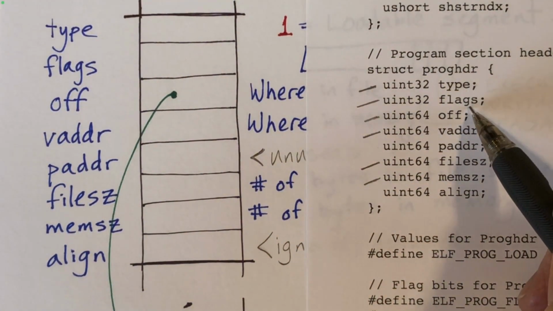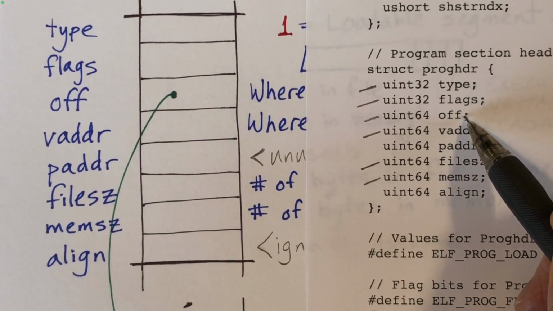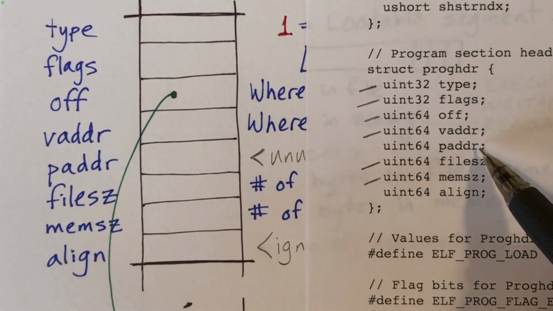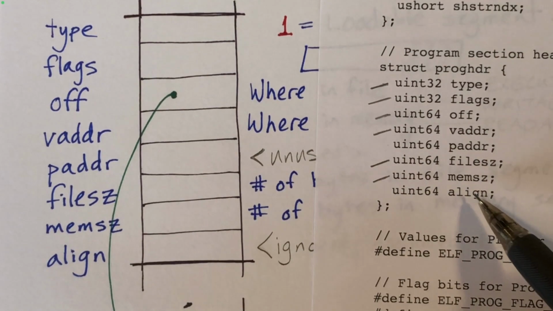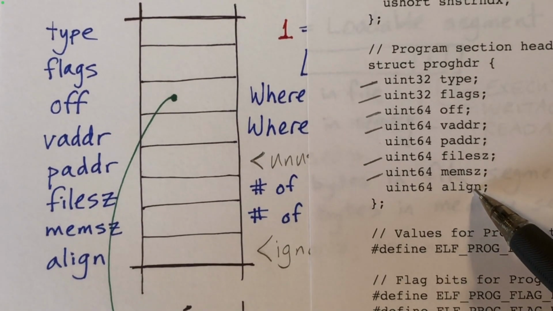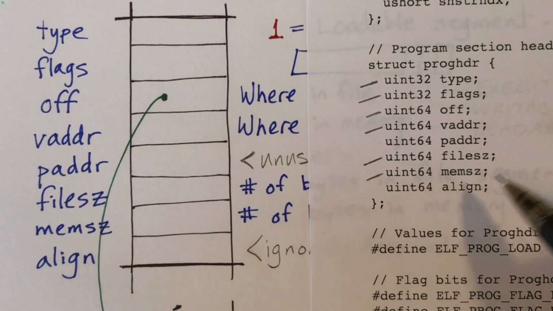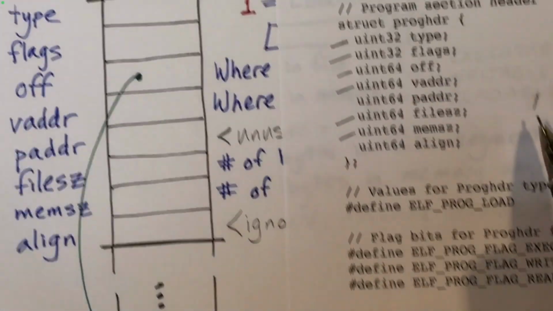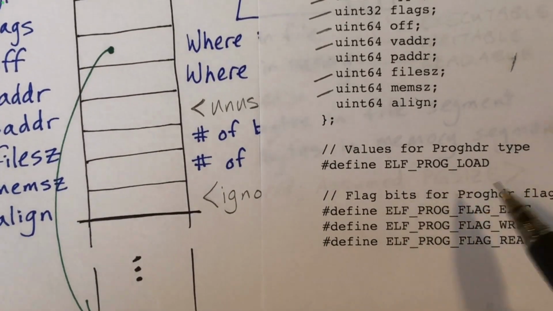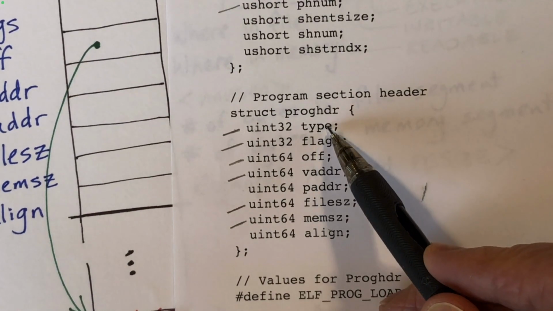We have the type, the flags, the offset, the virtual address, the physical address, which we don't use, the file size and the memory size, and finally the alignment value, which we also ignore. We have some other constants. In the program header, we have a type field.